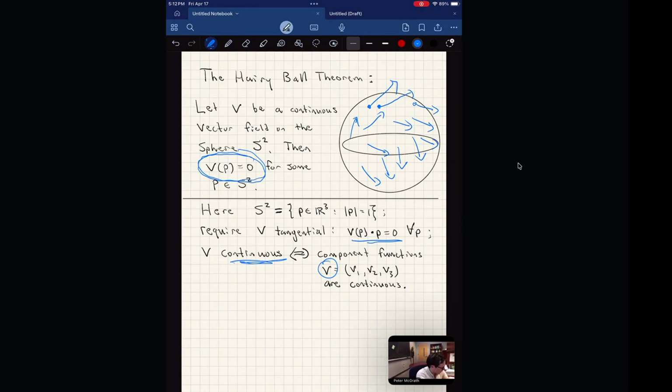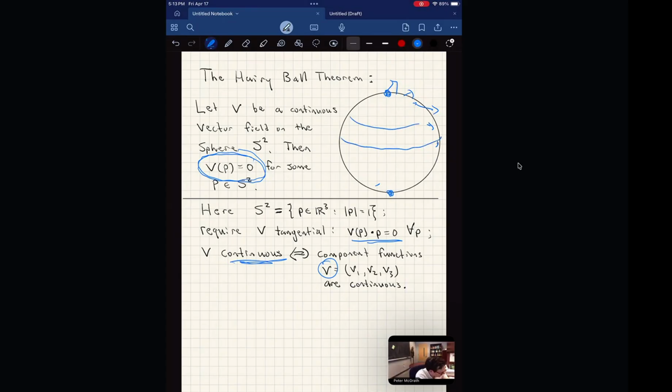And so you can try to do this yourself, and you can imagine where you might get stuck. Maybe the simplest, I'll try to do this again. It's easy to see that you can find a vector field that vanishes at 2 points, and you can do this by, for example, imagining rotating the sphere.